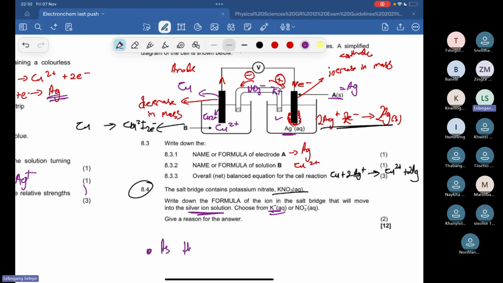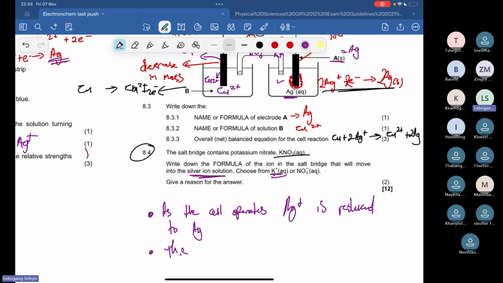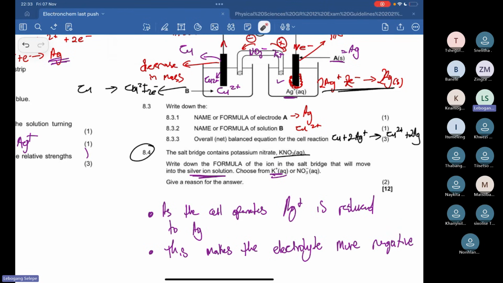So I can say that as the cell operates, Ag plus gains electrons, or Ag plus is reduced to Ag. This makes the electrolyte, or the solution, more negative, due to losing the positives. Because if this is reduced to that, it means I'm losing the positives, so it makes it more negative.